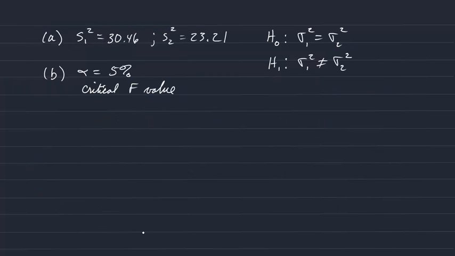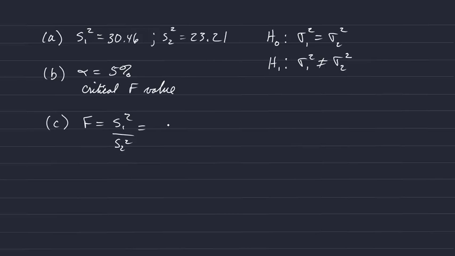So F is going to be, I guess we're getting a little bit ahead, working on the next step, but we need the next step to know which value goes on top. So F is equal to S1 squared over S2 squared, because the variance of the first sample is greater than that of the second, so we'll put that one on top.